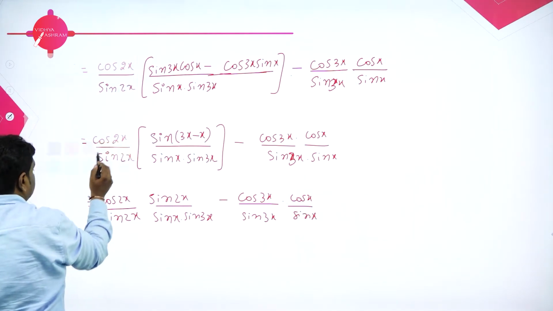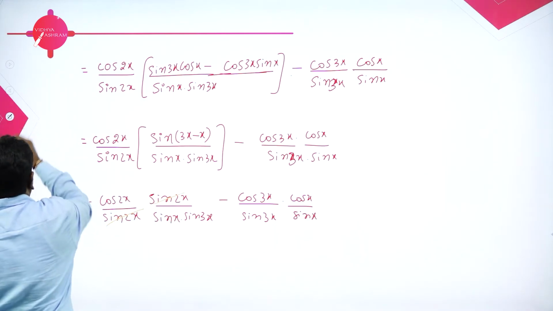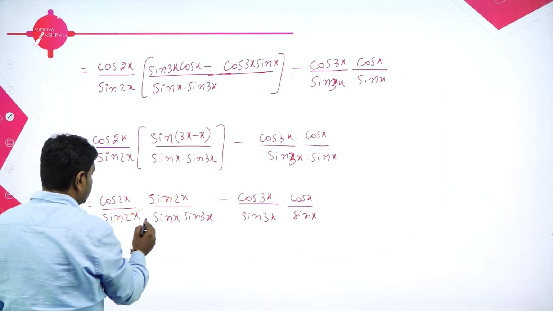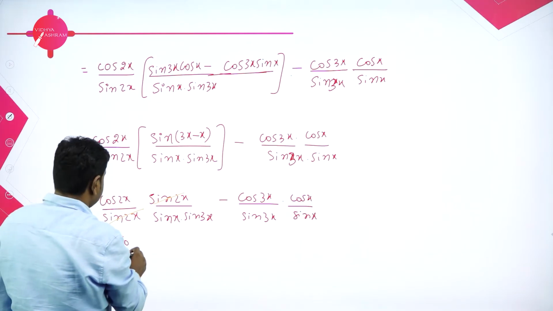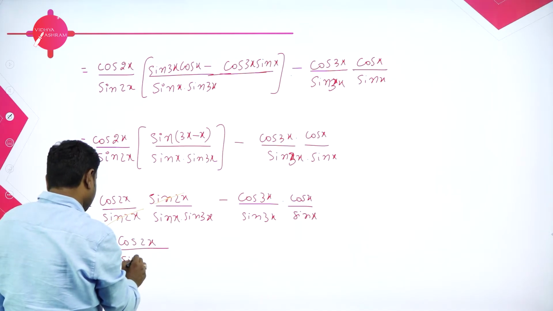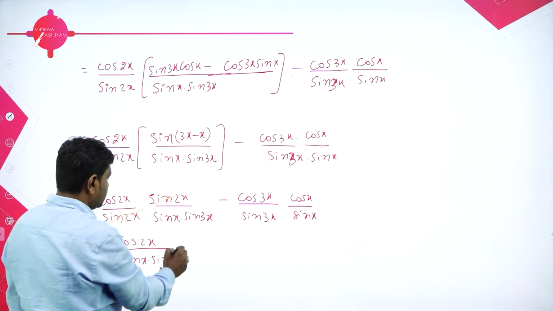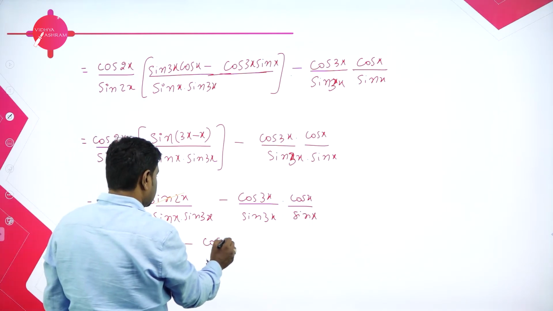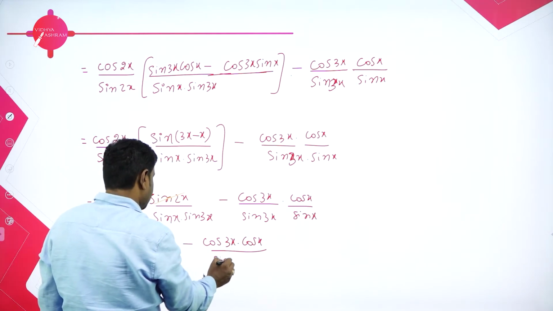I can cancel sin 2x and we are left with cos 2x by sin x into sin 3x minus cos 3x into cos x divided by sin 3x into sin x.